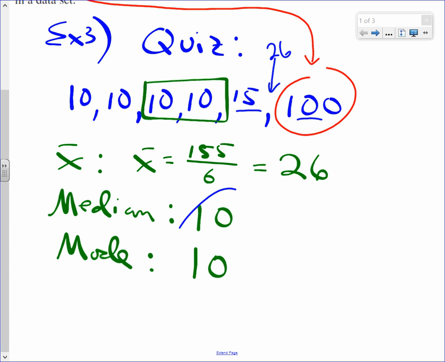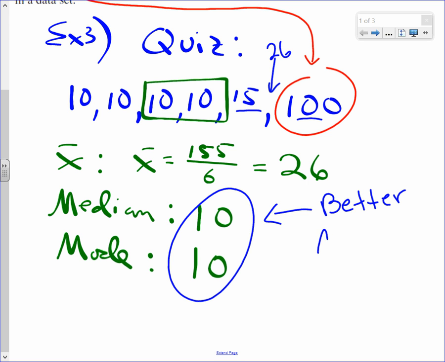We would use the median or mode as a center for this data. So this would be a better measure of center, because 26, again, would be greater than almost all the data.